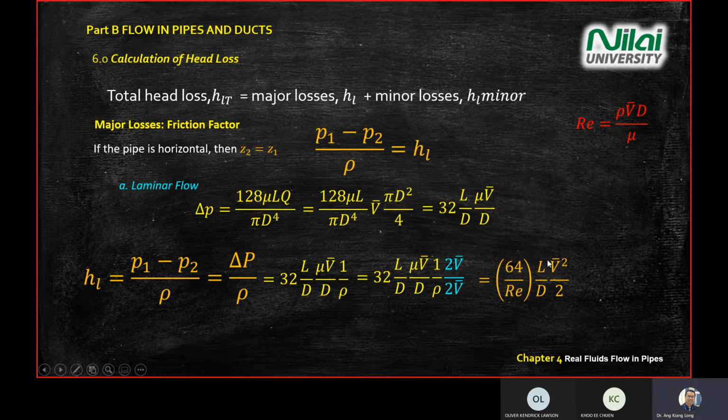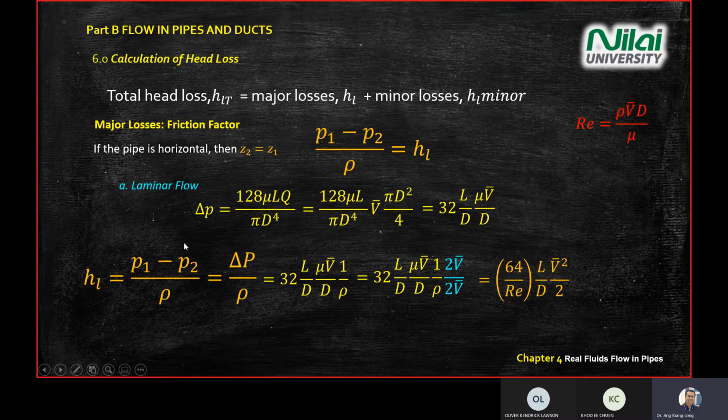Okay, so these are the equations if the question asks you about major losses. You can calculate from the Reynolds number, or you can calculate from the delta P equation over here. So these slides summarize all the equations you need when you try to solve for delta P, solve for Q, solve for the L over D ratio, and the major losses equation.